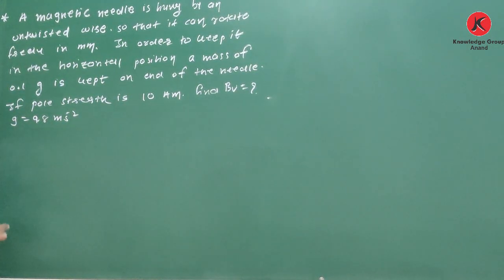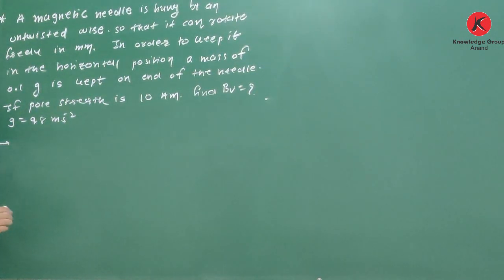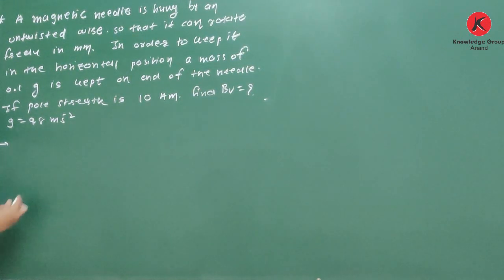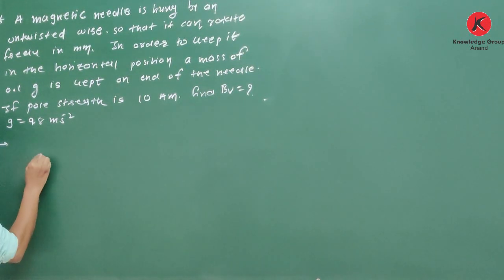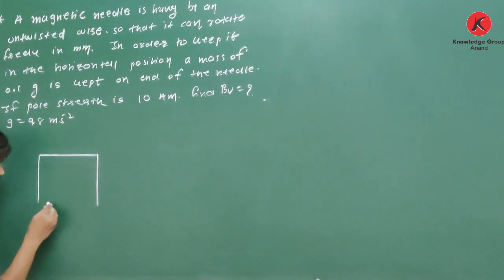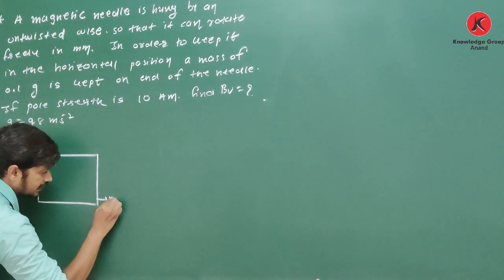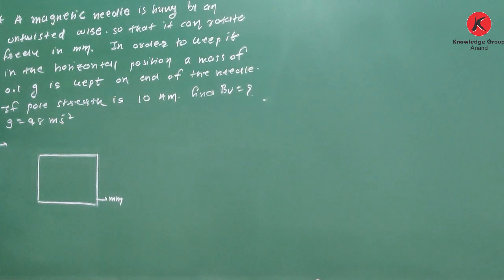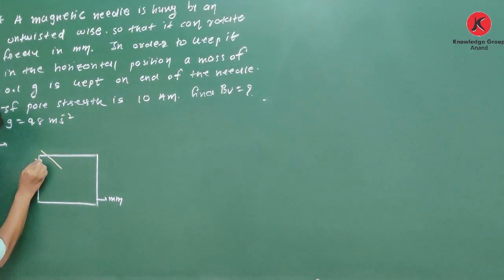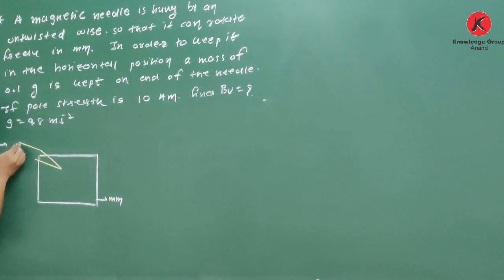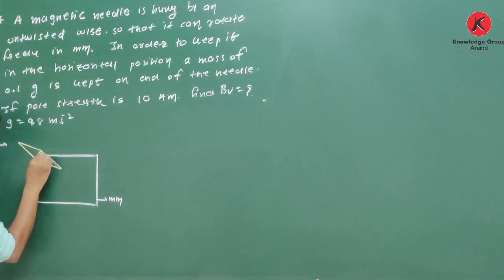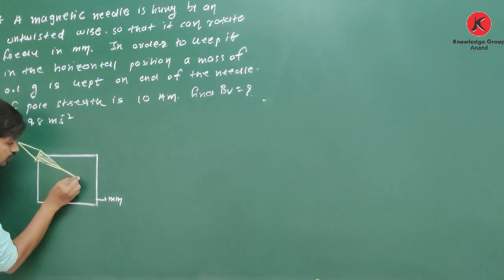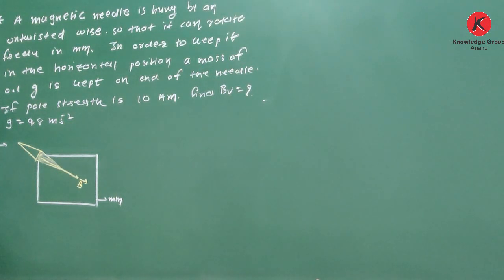We know that when we place a magnetic needle in the magnetic meridian, it will align like this, with the north pole and south pole. The magnetic needle aligns in this direction because it is the resultant magnetic field of Earth.